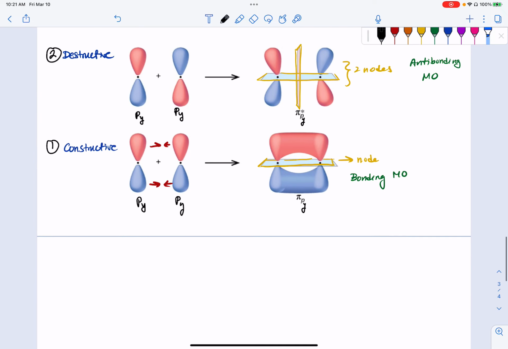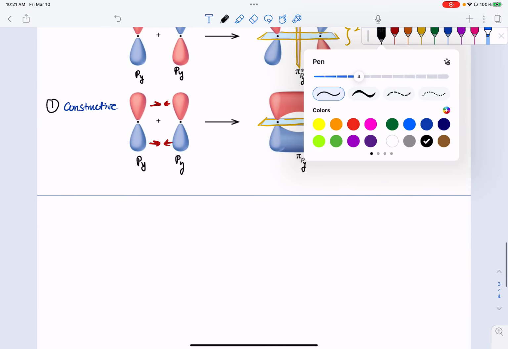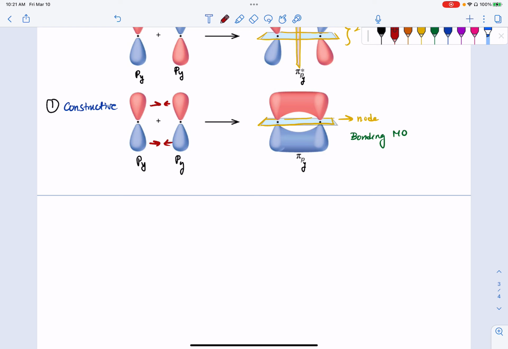The only difference for the pz would be that the pz is pointing in and out of the board. So it's just a rotation of this addition pattern. But now we're looking at our pz's.